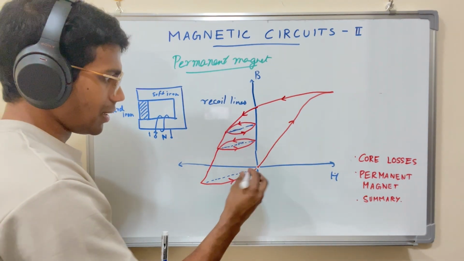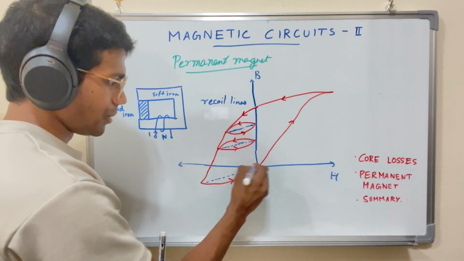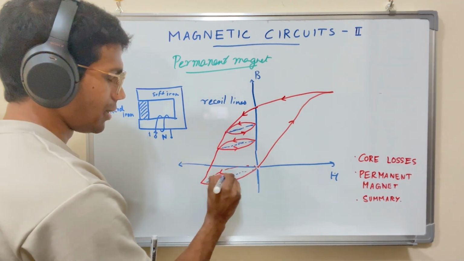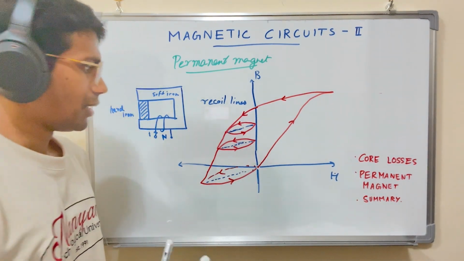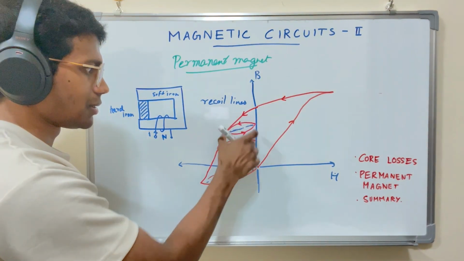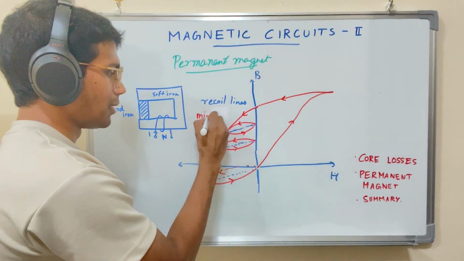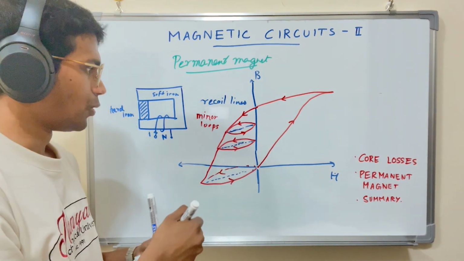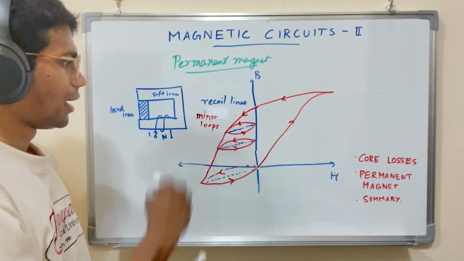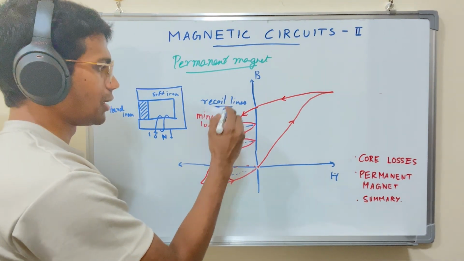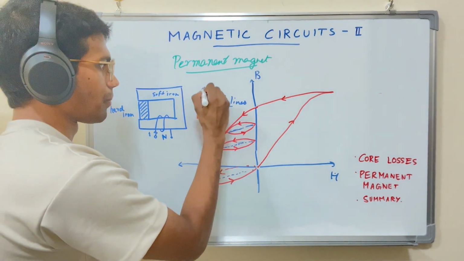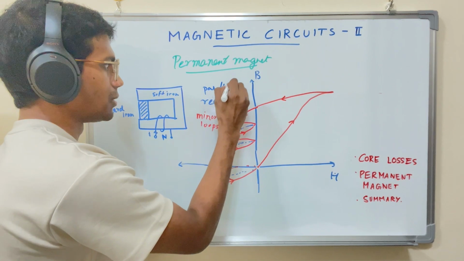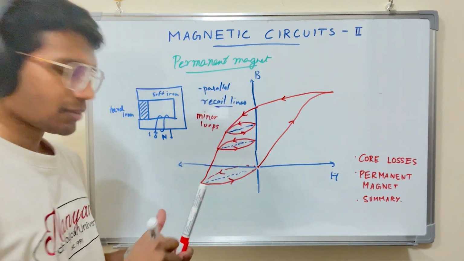And if we do it back, it goes back again in this manner, in another minor loop. So these are called minor loops. They have a locus of the BH curve, and the blue are recoil lines, and they're all parallel. So parallel recoil lines. And there we go.